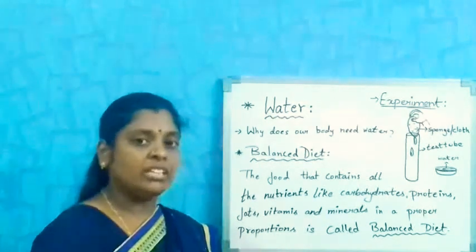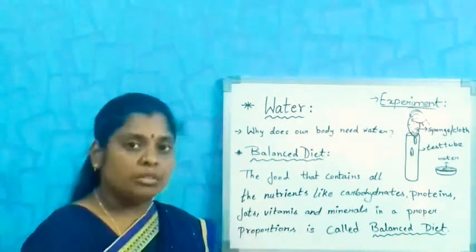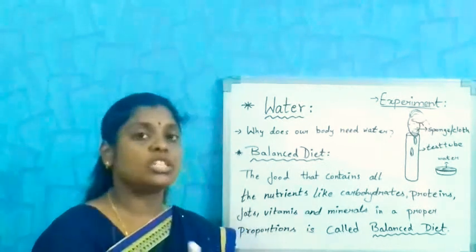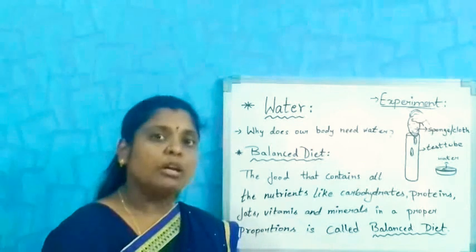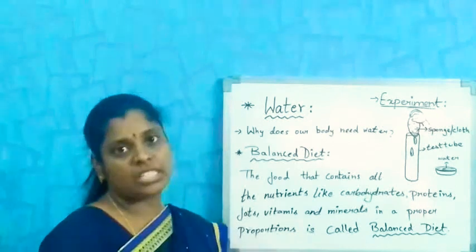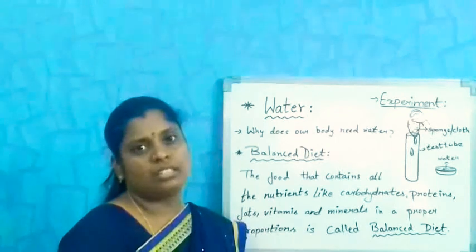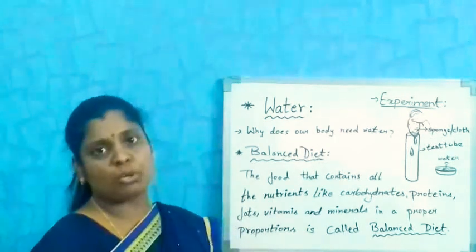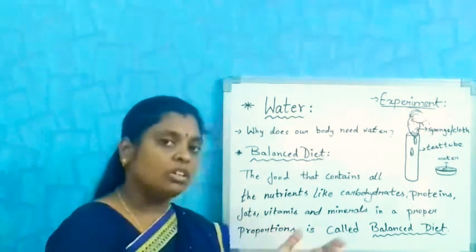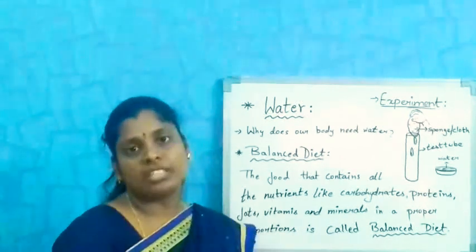Whatever food we are having, it must contain these components. We must include dal, rice which contain carbohydrates, dal which contains proteins, oil, ghee or butter which contain fats, pulses, milk which contain proteins, and minerals. So we must include these to keep ourselves fit.